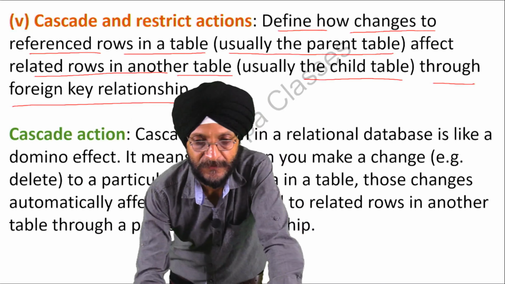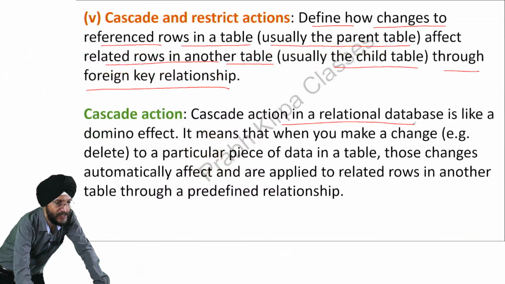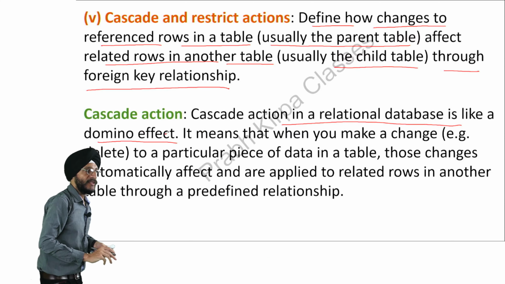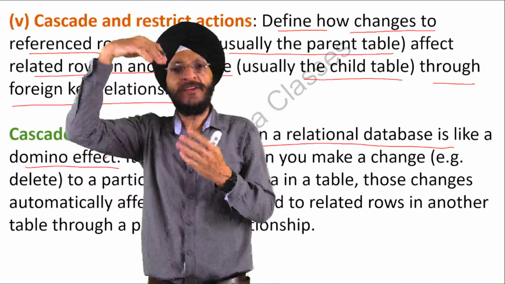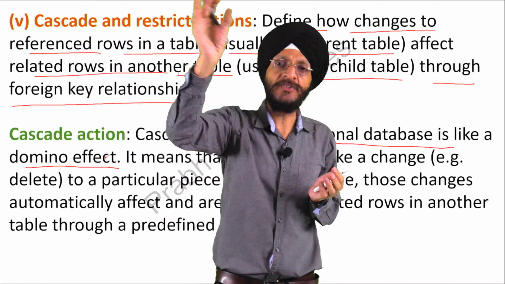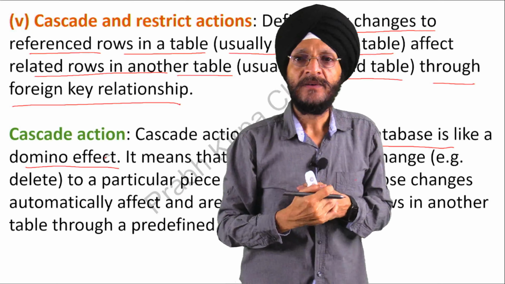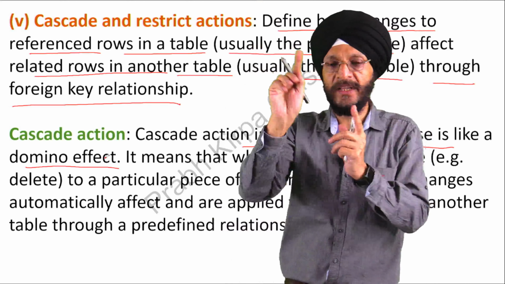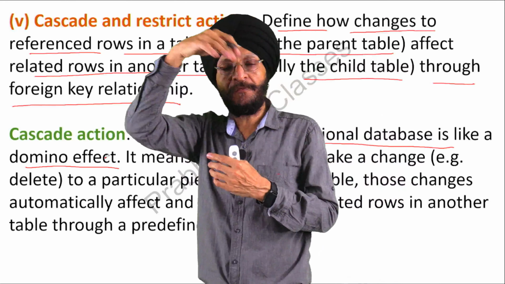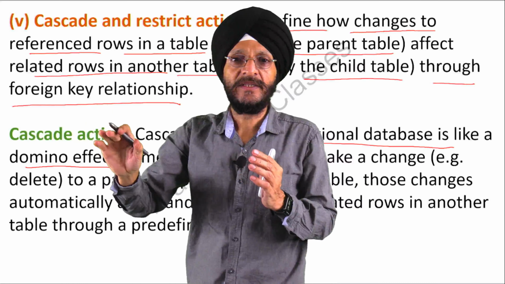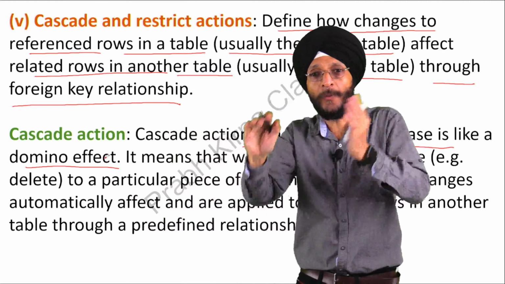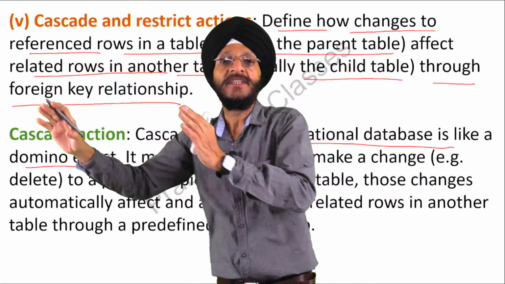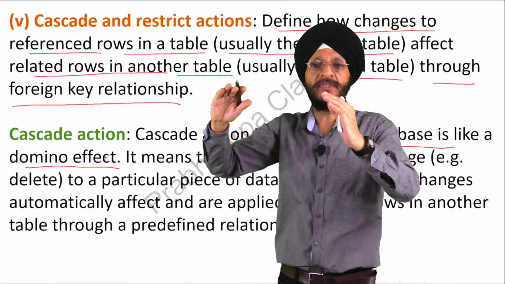First is cascade action. Cascade action in a relational database is like a domino effect. You might have seen that if an international bank which has branches across the globe falls, not the building falls, but if it fails in the international market, that is its shares plunge due to any reason in the share market, then it has a domino effect, that is the whole of the share market in the world collapses on that day.